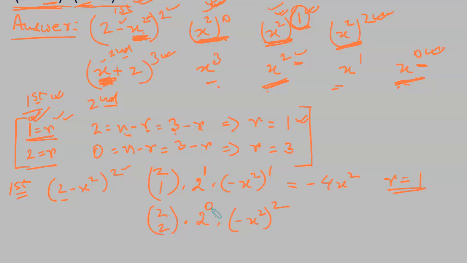And 2 raised to the power of 0 is 1, and negative x square raised to the power of 2 is equal to x to the power of 4. This is when r is equal to 2. So this is all for this expansion, (2 − x²) raised to the power of 2.